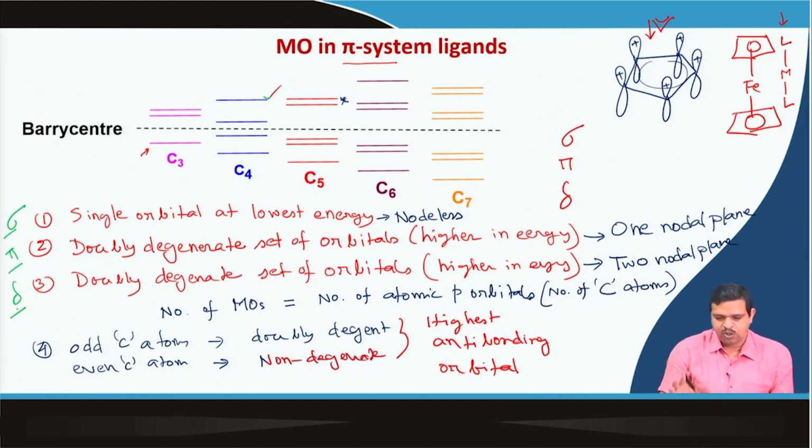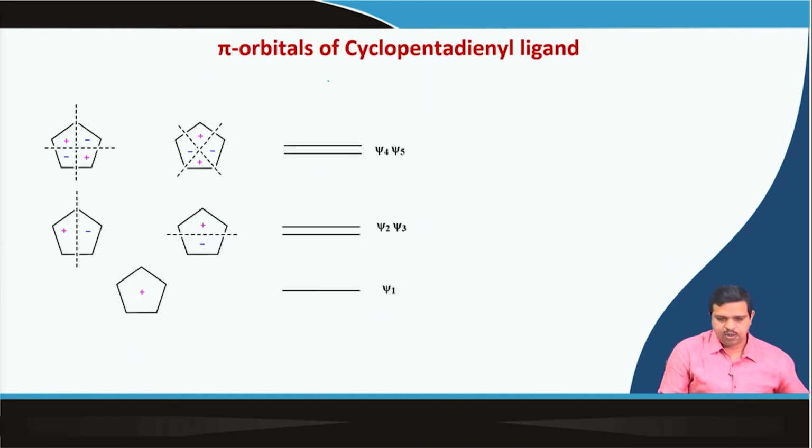For Cp, our discussion will be mainly on Cp ligands. You will see one sigma symmetry orbital, single, at the lowest energy, then the doubly degenerate set will have pi symmetry, and the highest energy one will have delta symmetry.